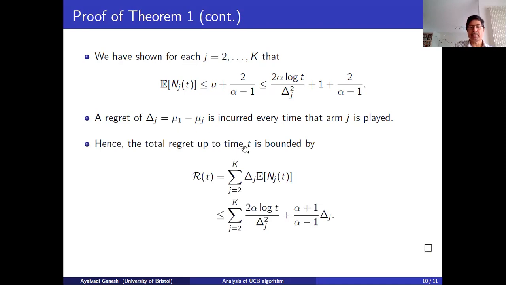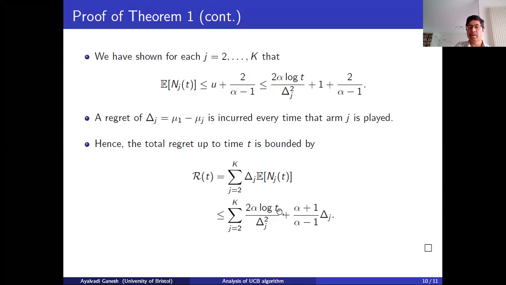So the total regret up to time t is just summing up the regrets from all the suboptimal arms j, delta j times the expected number of times you played arm j. And using this bound on E[n_j] and doing some algebra, you just get this for the total regret up to time t. This was exactly the statement of the theorem.